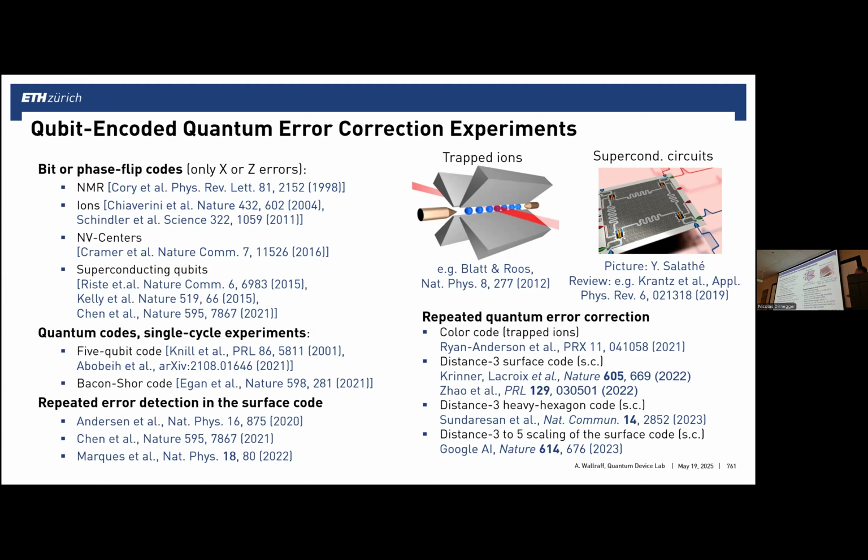And at some stage, everyone was ready to do repeated quantum error correction in codes of sizes that allowed for correcting these errors. And our experiment was one of the first that achieved that with superconducting circuits.